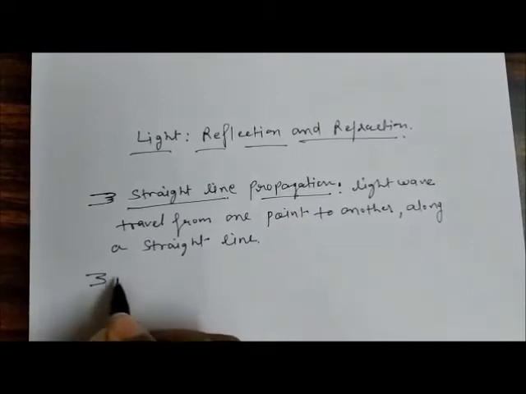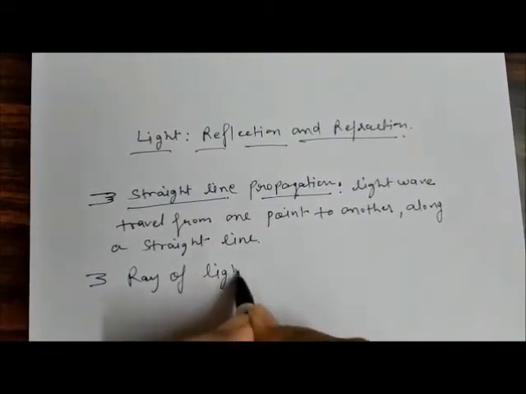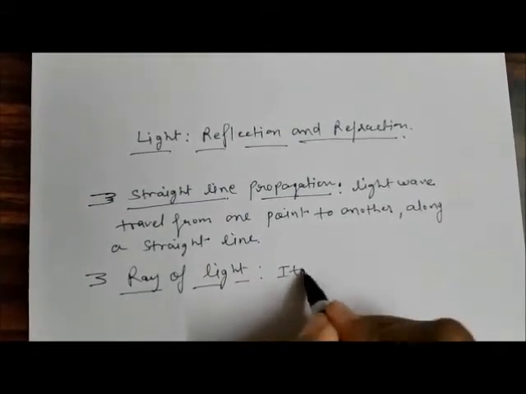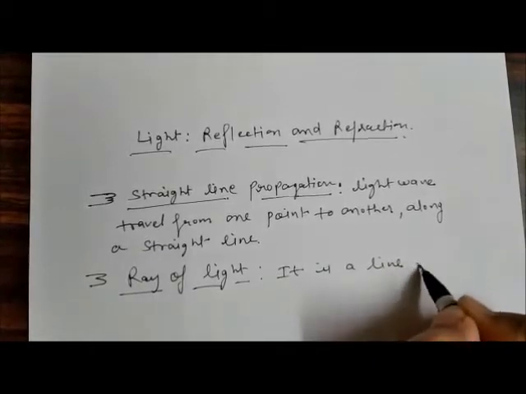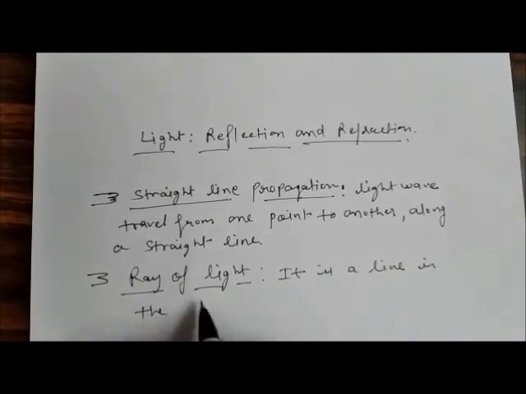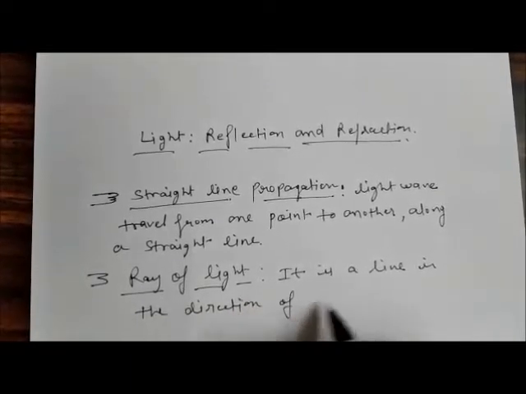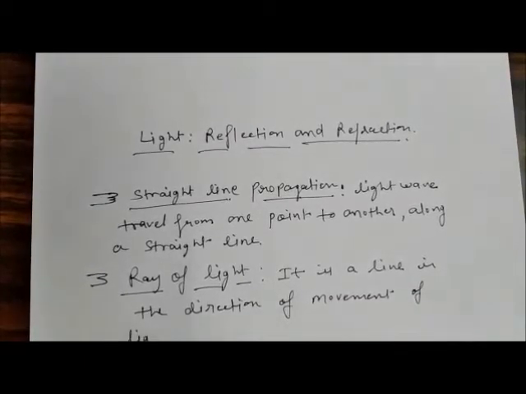Next point is ray of light. It is nothing but a line in the direction of movement of light.